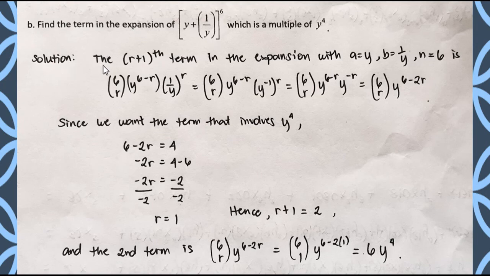Solution. The r plus 1 term in the expansion with a is y, b is 1 over y, and n is 6, is 6 taken r at a time, y to the power of 6 minus r times 1 over y to the power of r, which is equal to 6 taken r at a time, y to the power of 6 minus r.